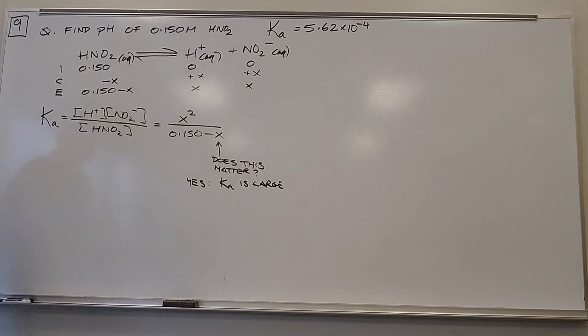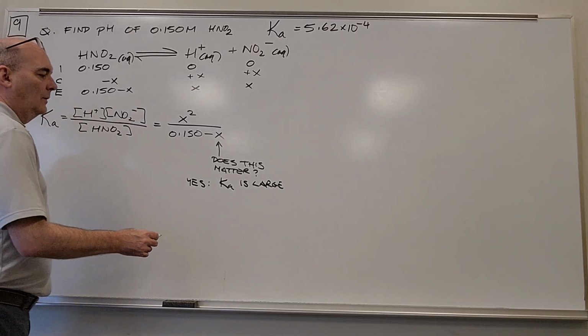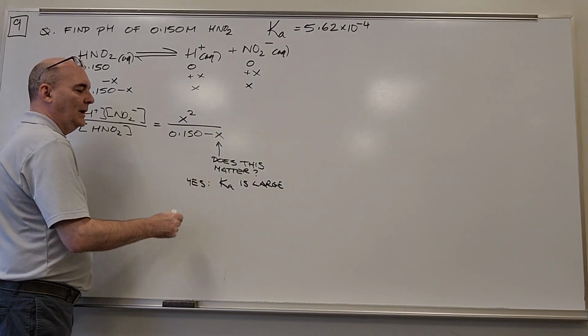And at 10 to the negative 4, that's kind of the region, that's kind of the world of weak acids. They're 10 to the negative 4, 10 to the negative 5. Where else do we have to worry?